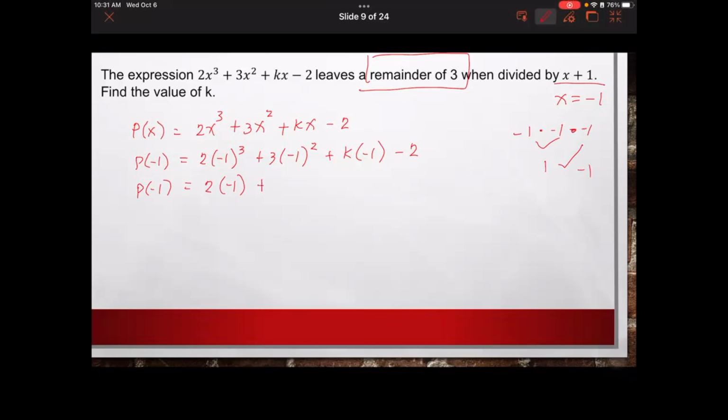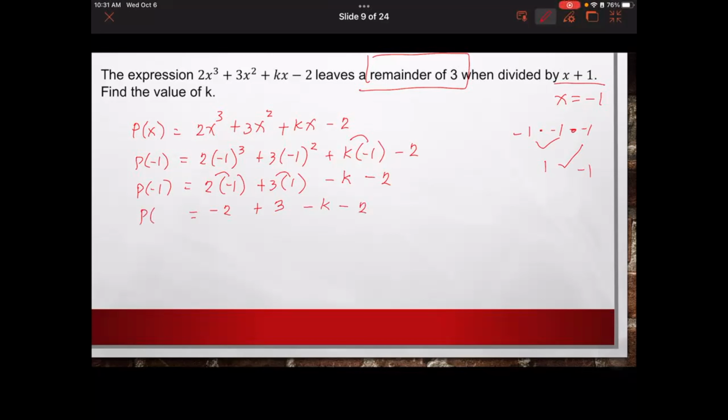Tapos, plus 3 times 1. Tapos, k times negative 1 is negative k minus 2. Then, simplify natin. 2 times negative 1 is negative 2, plus 3 times 1 ay 3, minus k minus 2.